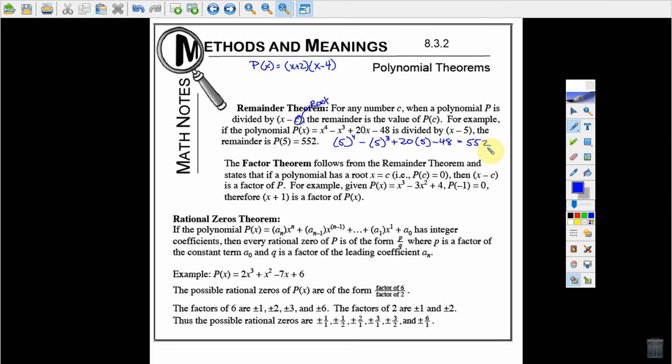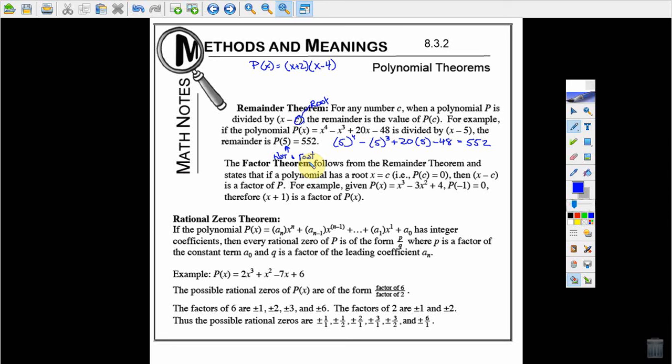Okay? Which means really that 5 is not a root, because we have a remainder here, and we know that our roots will all have remainders of 0.